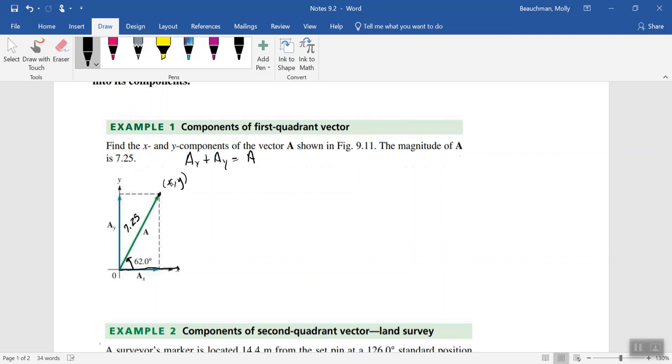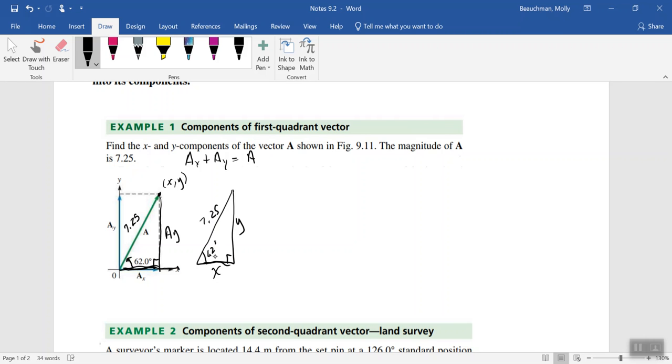We're basically finding the length of this side of the triangle, and then I'm going to move the other one over and make a right triangle. So we're given a right triangle where we know the hypotenuse is 7.25, and we know that this angle is 62 degrees. And what we're looking for, I'll label them x and y.